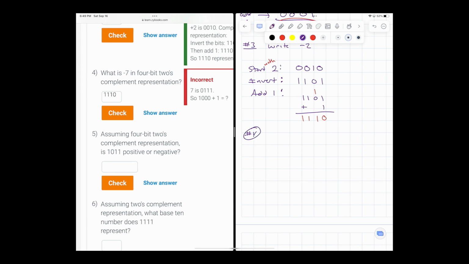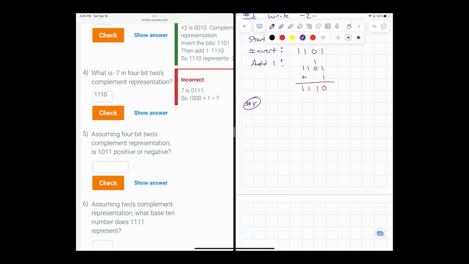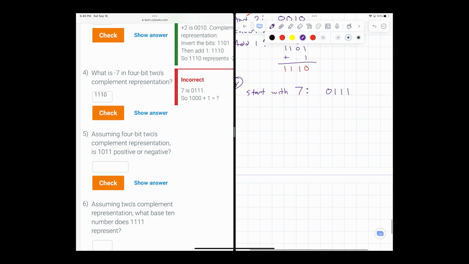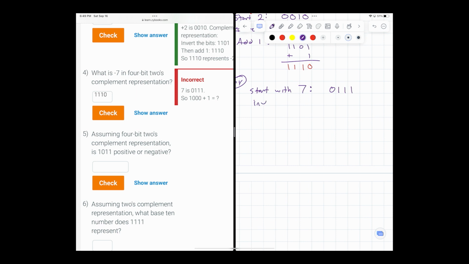Number 4, same deal. So this is negative 7. So we would start with positive 7. So positive 7 is a 4 and then a 2 and then a 1. So that should be positive 7. Then we invert, 1, 0, 0, 0.